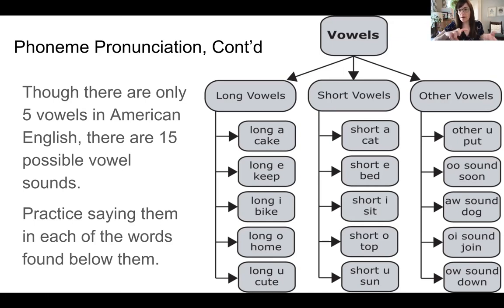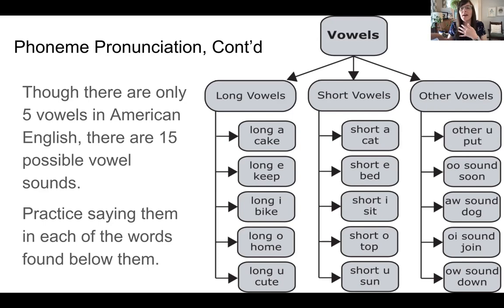And short vowels are kind of the opposite of long vowels. And those can be really, really tricky if you're learning English as a new language. They sound so similar and your mouth moves so little as you're pronouncing them.